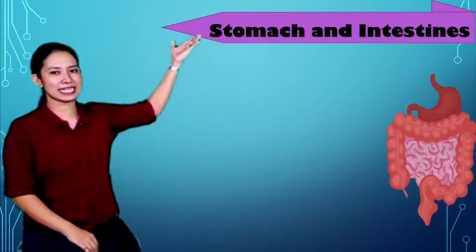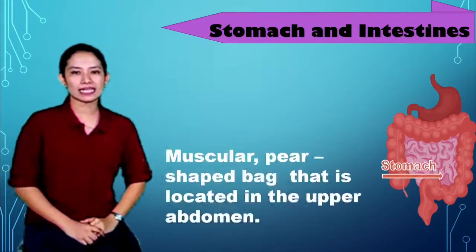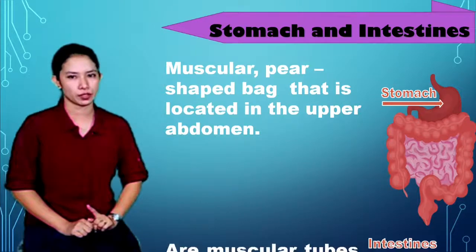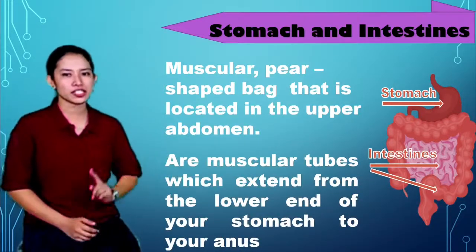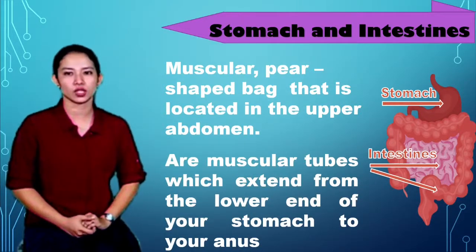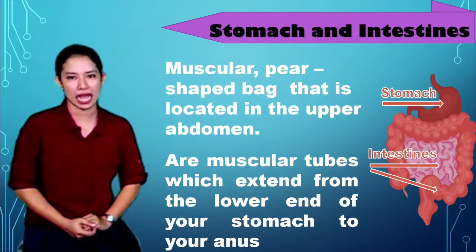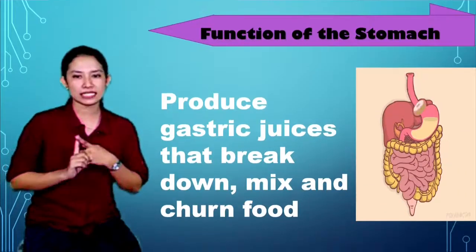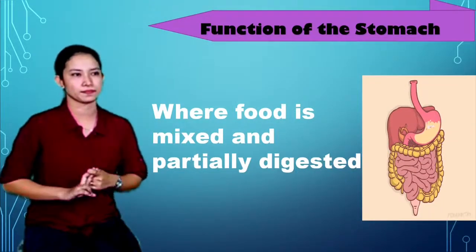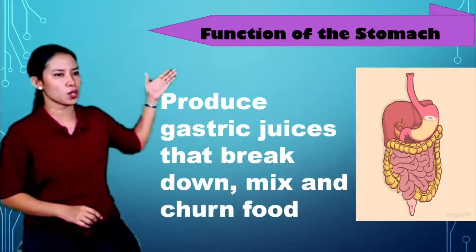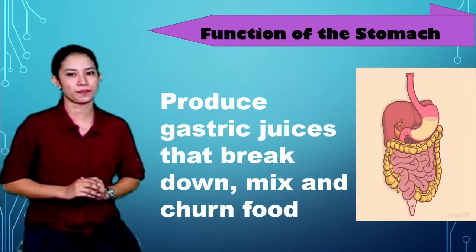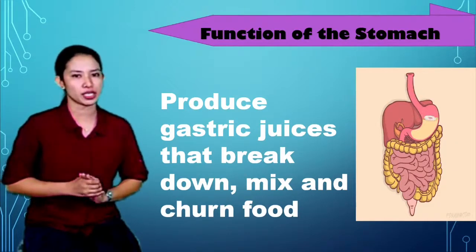Next, stomach and intestines. The stomach is a muscular pear-shaped bag that is located in the upper abdomen. And intestines are muscular tubes which extend from the lower end of your stomach to your anus. There are two types of intestine. The function of the stomach is to produce gastric juices that break down, mix, and churn food.